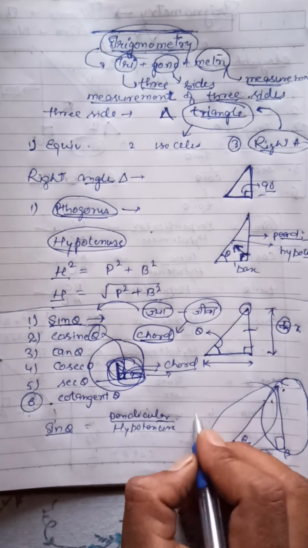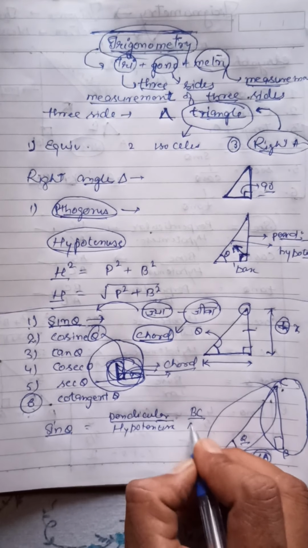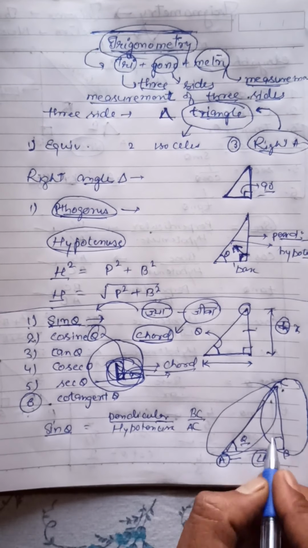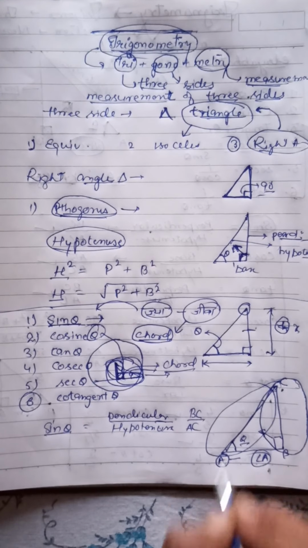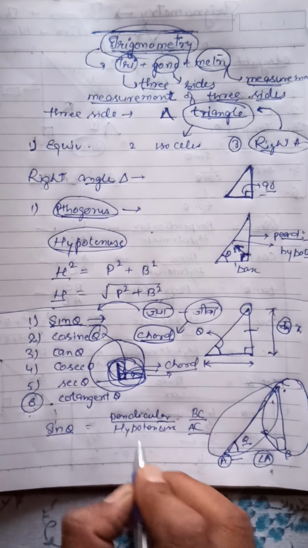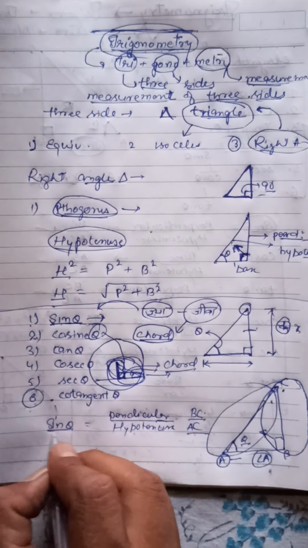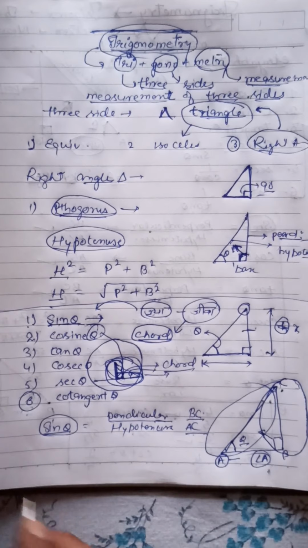Perpendicular means BC, and hypotenuse means AC. This is the hypotenuse, the opposite side of the right angle. It means perpendicular upon the hypotenuse, BC upon AC, is equal to sine theta.